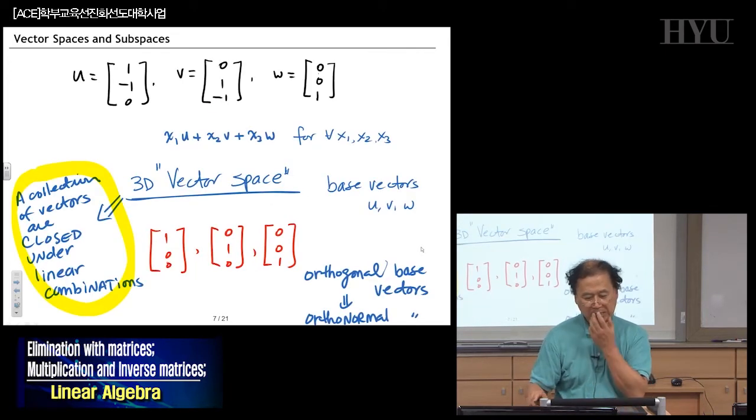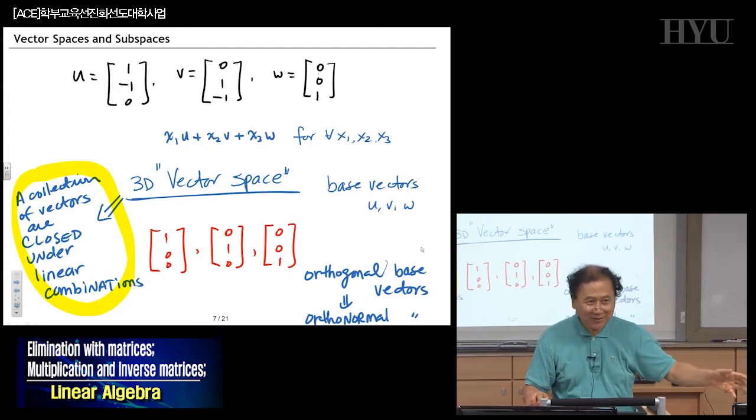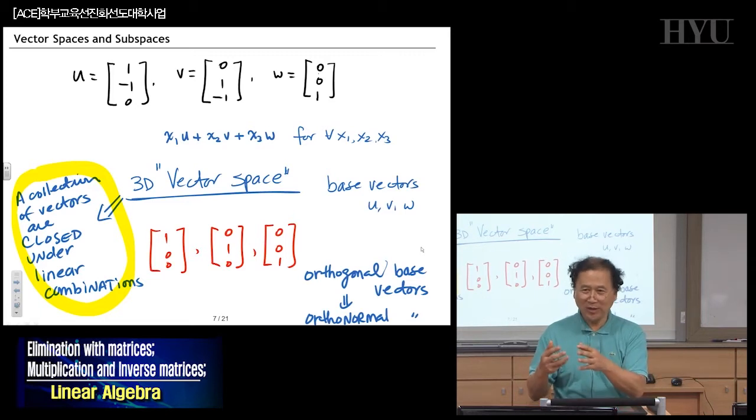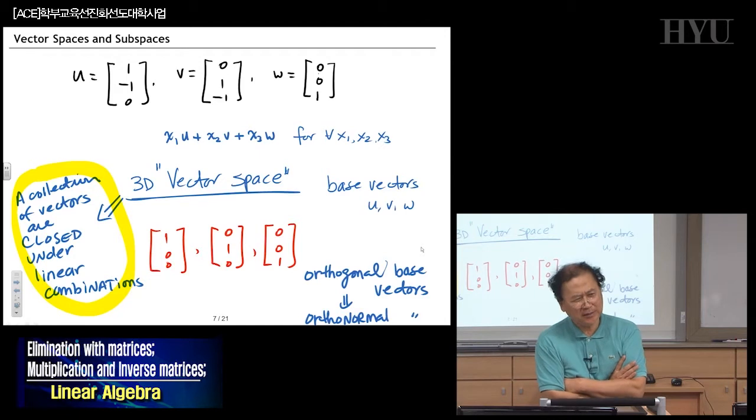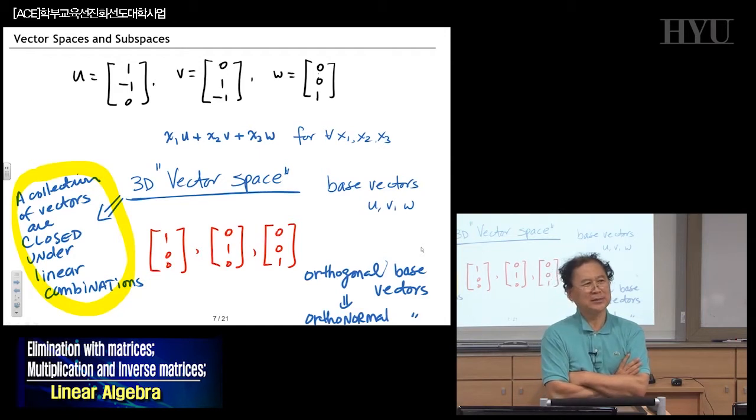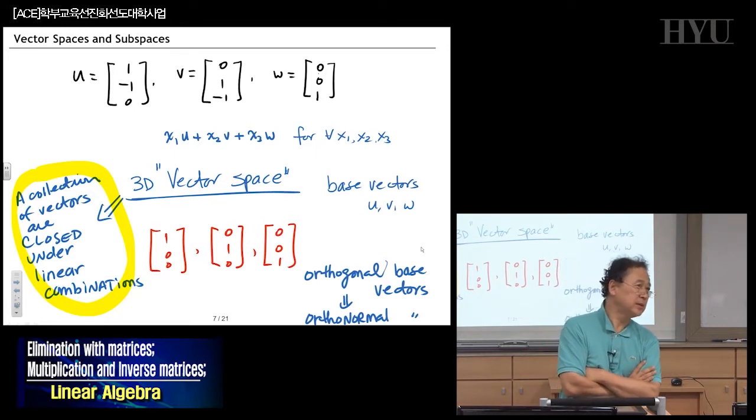The vector space. I just checked the 수학의 정석. This is 공간, space, right? So Kim Won-jun, can you explain what a space is? It's an empty volume.